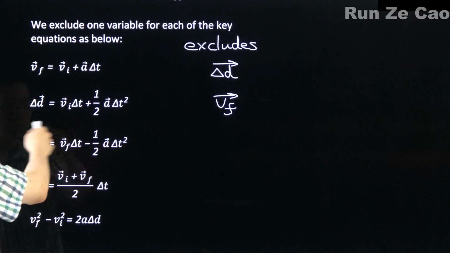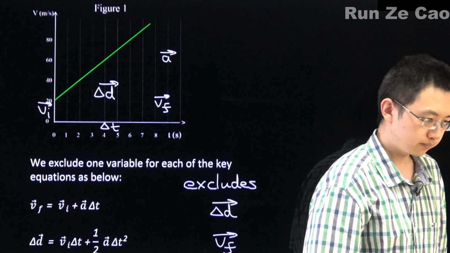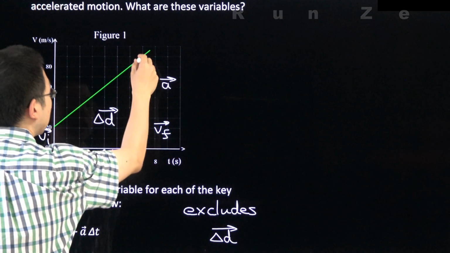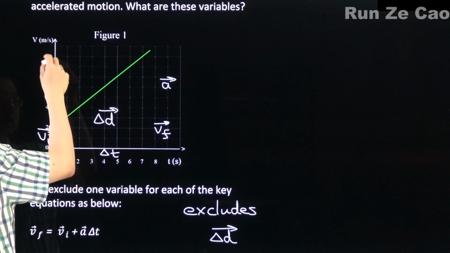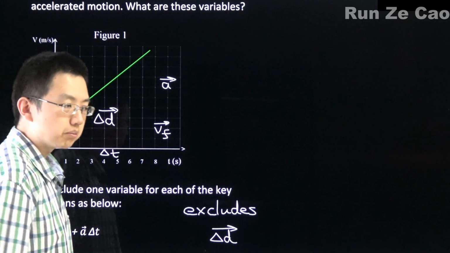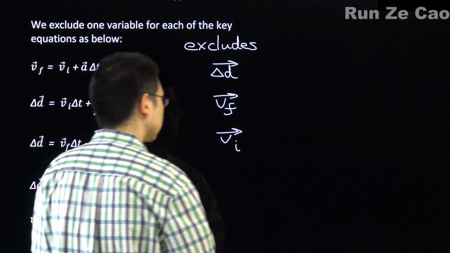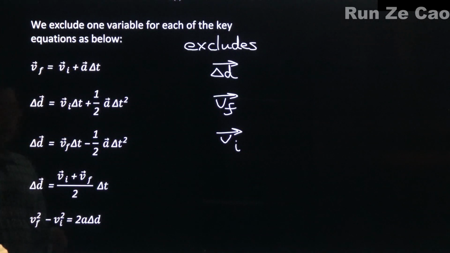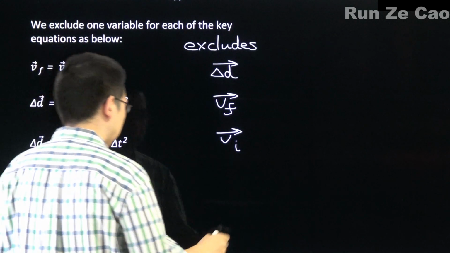Now, what about this one here? We start off with a big rectangle. So the final velocity multiplied by the time, and we subtract the acceleration times time times time times 1/2, because we remove this big triangle here, which excludes the initial velocity. What about this one? As we can see here, we treated it as a trapezoid and we did not care about the acceleration.